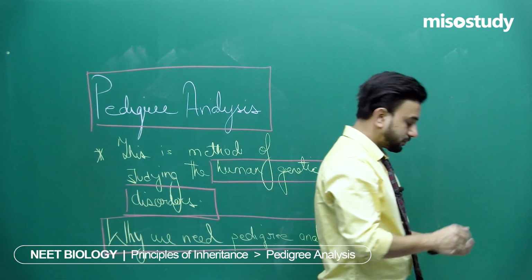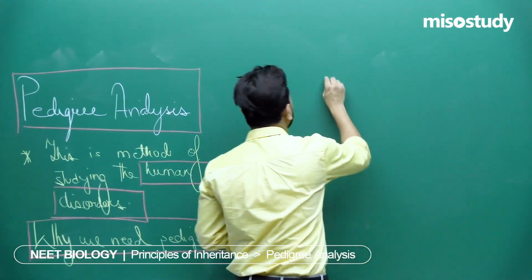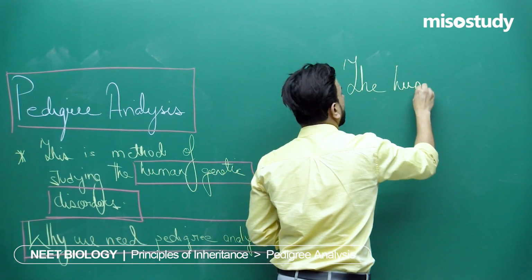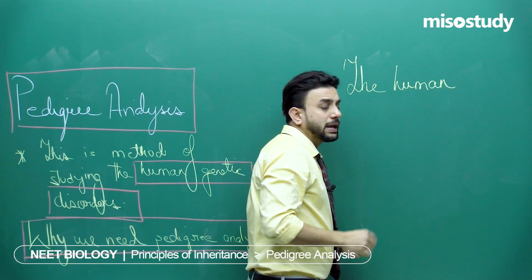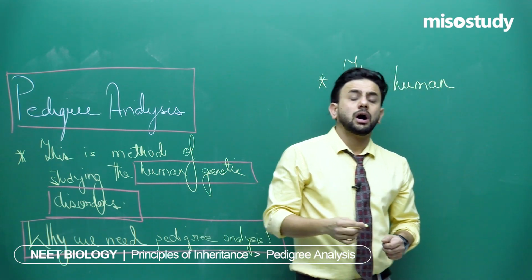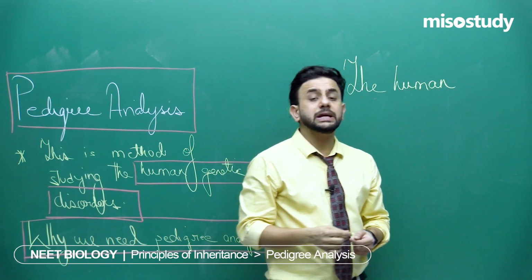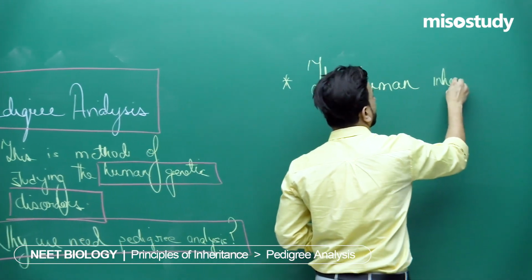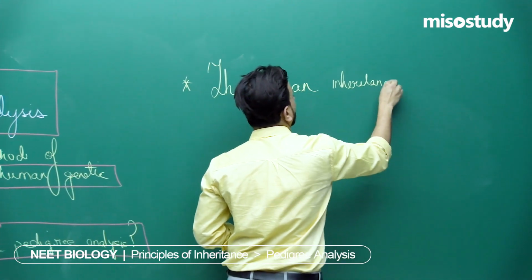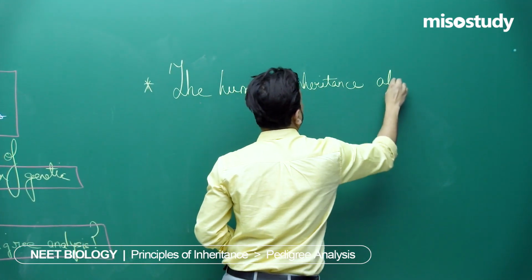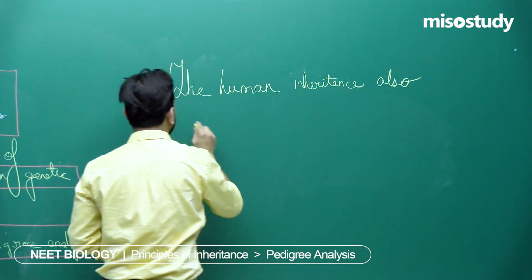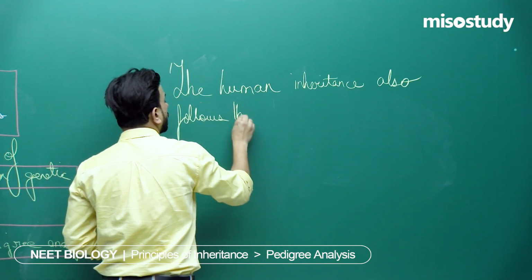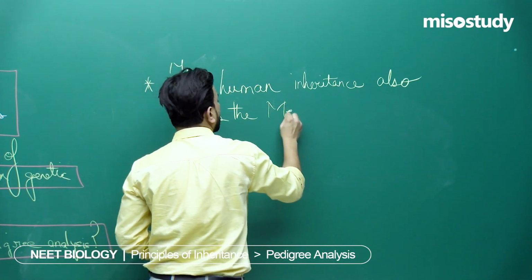The human inheritance also follows the Mendelian inheritance, right?